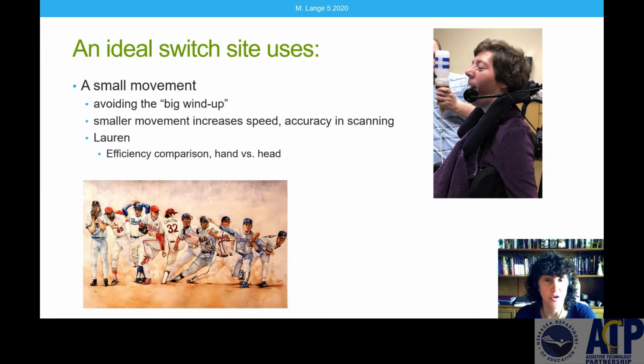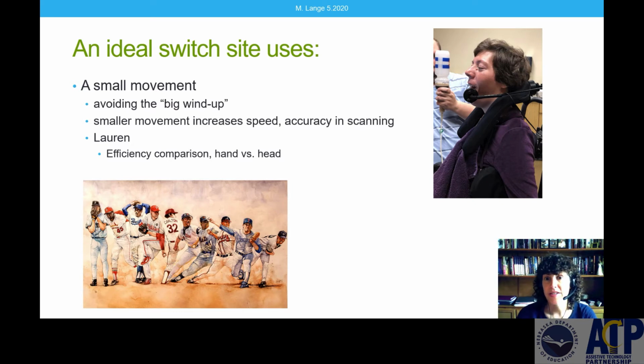A small movement. Now some of our clients, particularly clients who have a lot of increased muscle tone and who may also have primitive reflexes, particularly that ATNR, that asymmetrical tonic neck reflex. When that client wants to use their hand, for example, they may turn their head to the side in order to extend the arm on the face side, and then bring it around in front of them and clobber a switch.